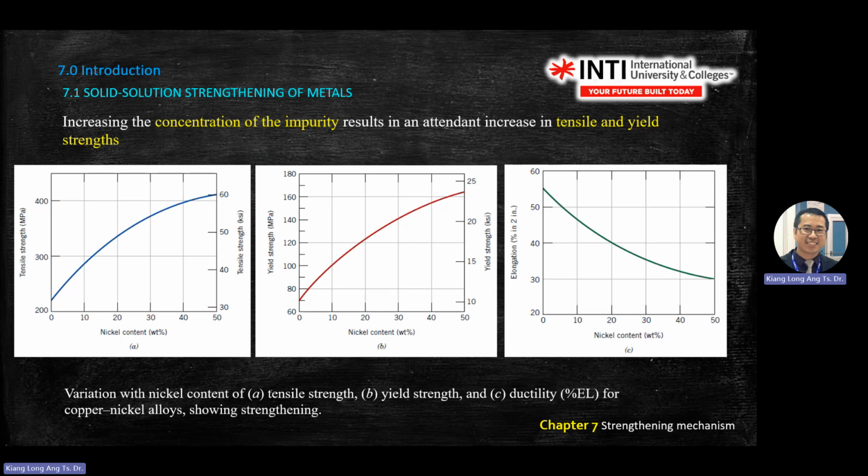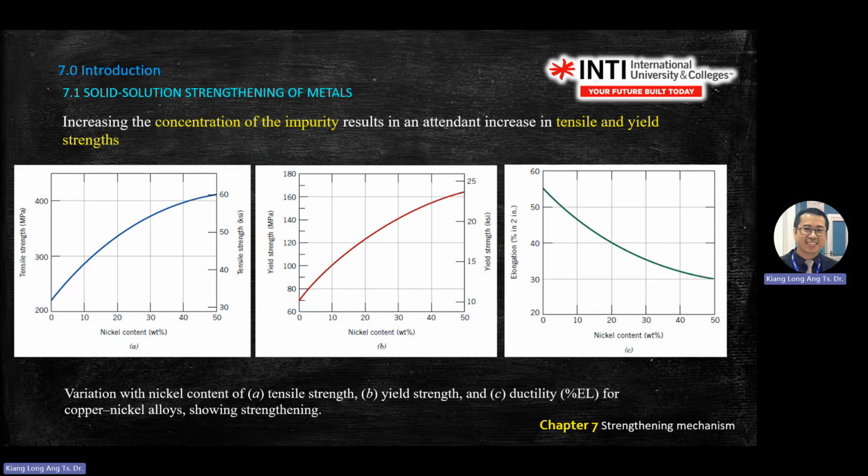As you can see here, if you add in impurity, the tensile strength increases. You add in nickel content, the yield strength increases. However, on the elongation axis, when you add more impurity, elongation will drop because you resist the movement already.